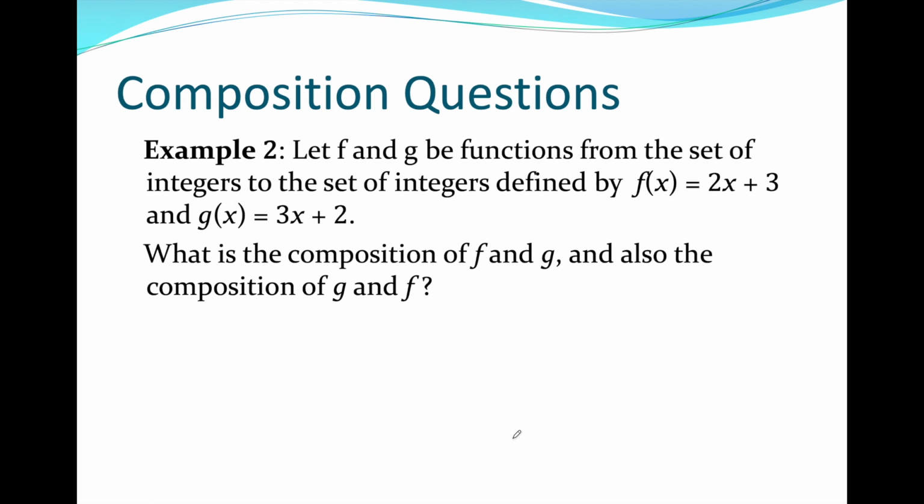We have another example. Let f and g be functions from the set of integers to the set of integers defined by f(x) equal to 2x plus 3 and g(x) equal to 3x plus 2. What is the composition of f and g, and also the composition of g and f?